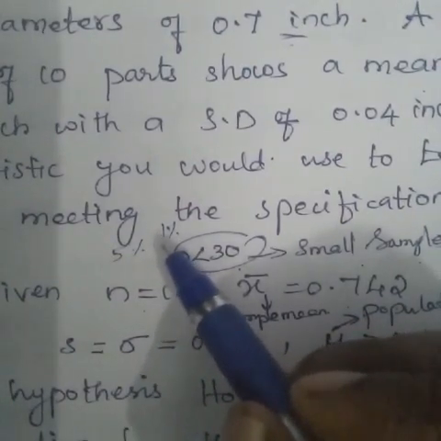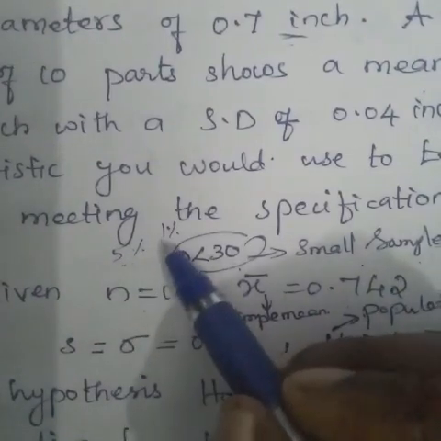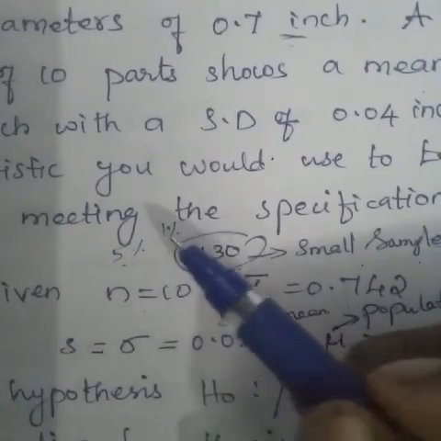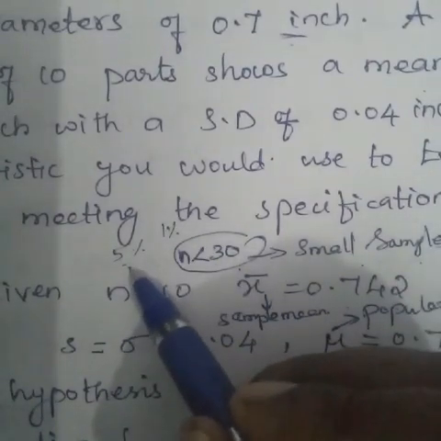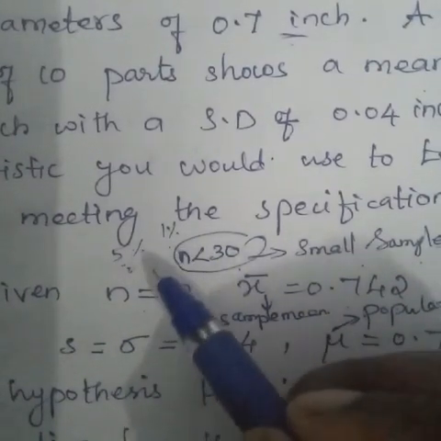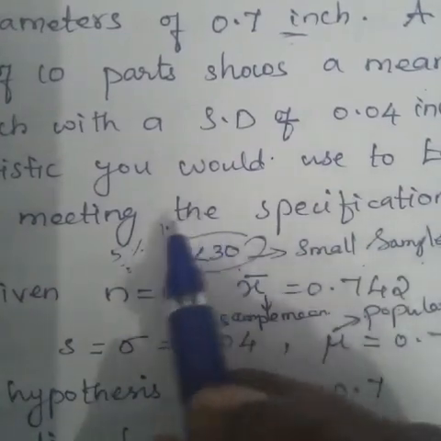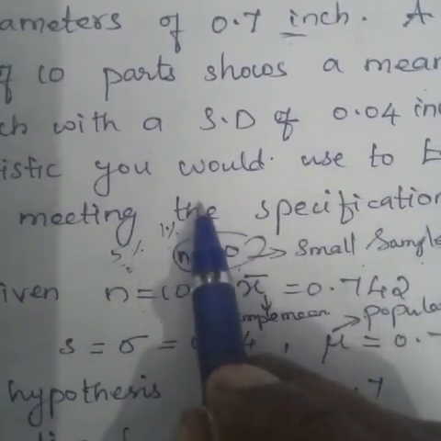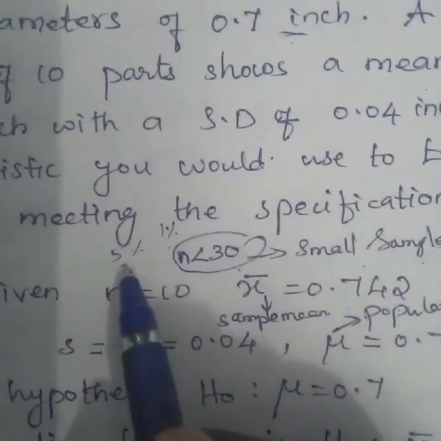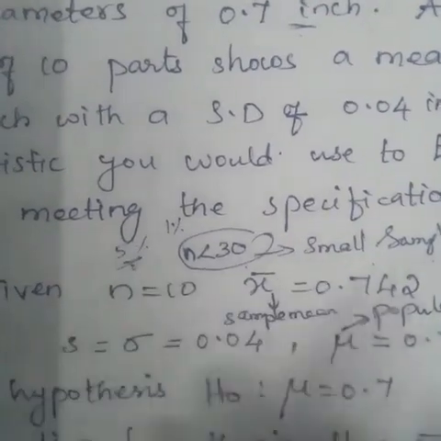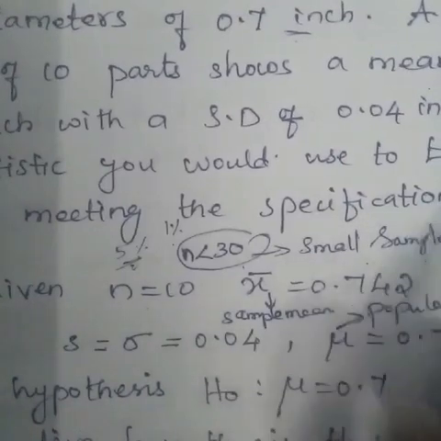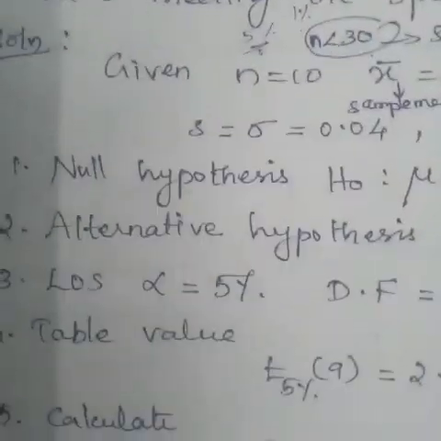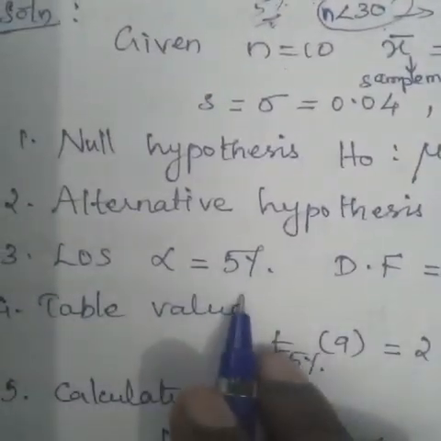Actually we have two levels, 5% and 1%. 5% means 0.05 and 1% is 0.01. If the level of significance is not mentioned in the question, we usually choose the 5% level. In this question it is not mentioned, so we take alpha equal to 5%.